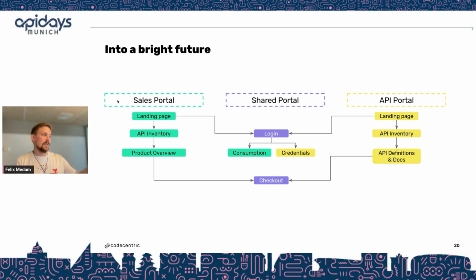So again, you have a sales portal here and a developer portal over here, but they share the login and checkout. And now a specific audience could get quite easily to these shared spaces and get to the information they wanted to have here.